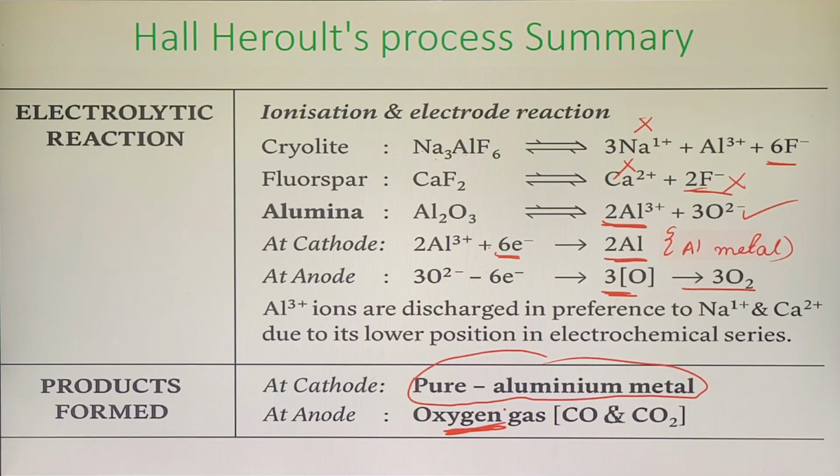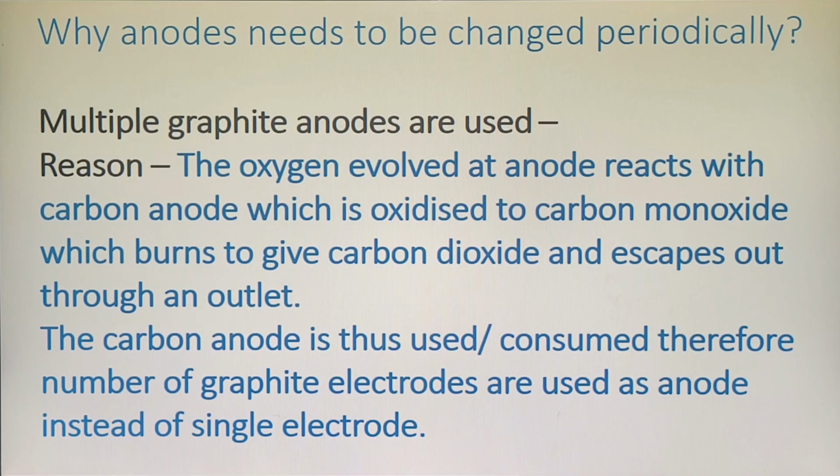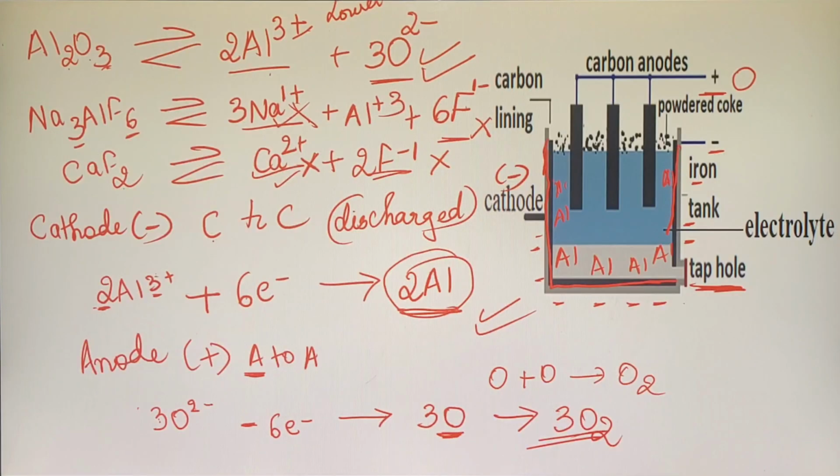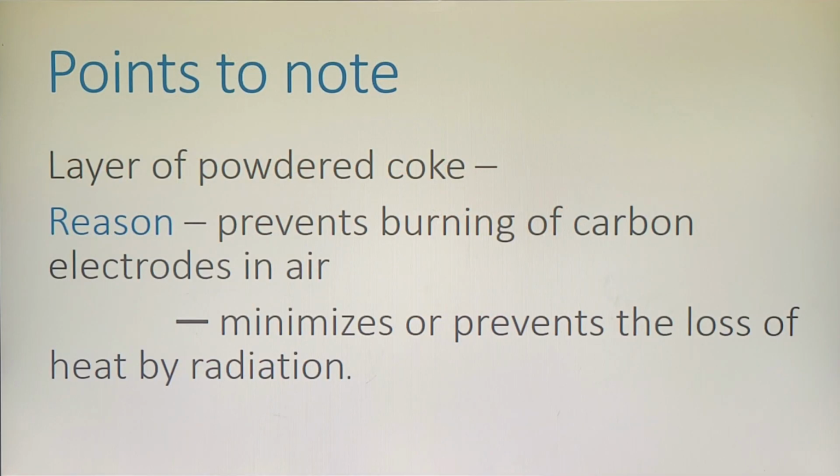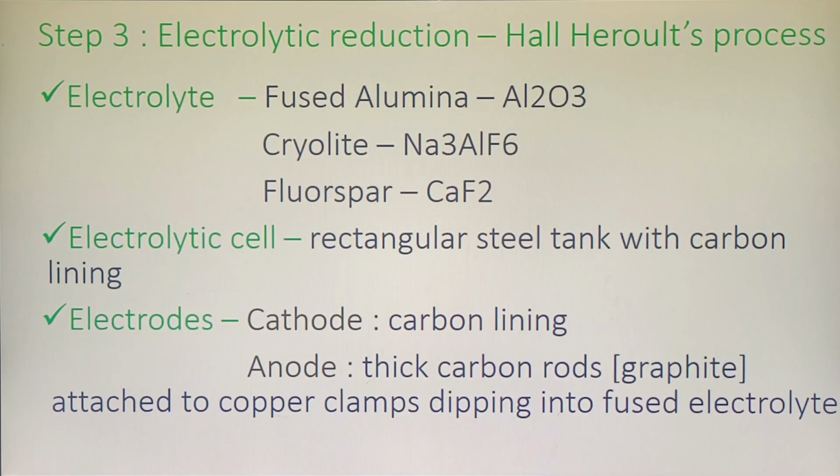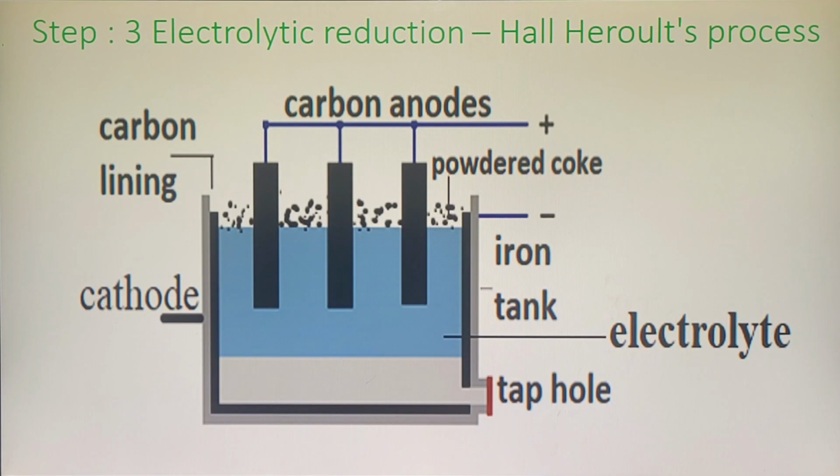Now your question will be, why I have written these two compounds here? So let's just have a look. Do you remember, I have just told you about the electrolytic cell. Now the question that comes here is, why are there so many carbon anodes that are placed here?